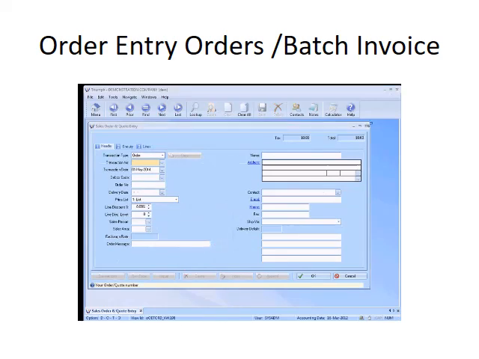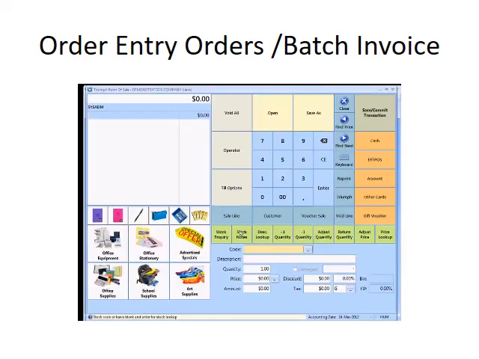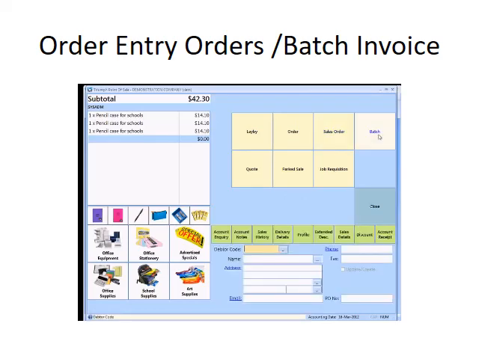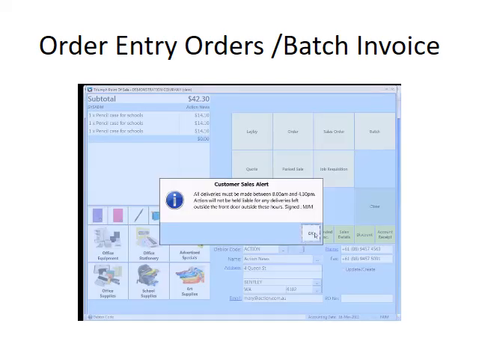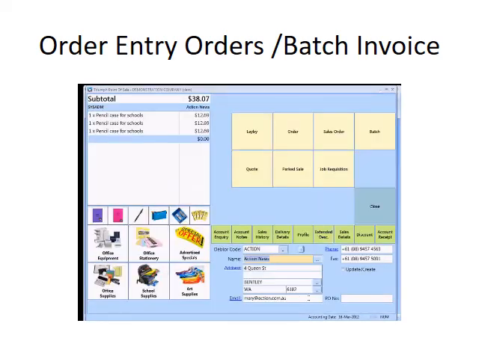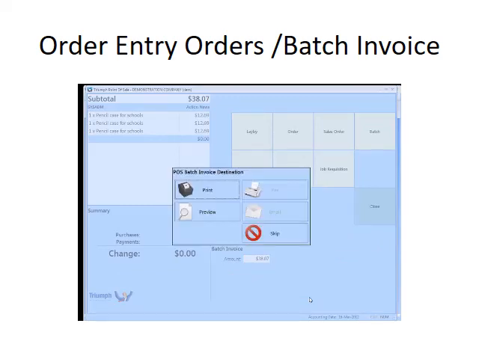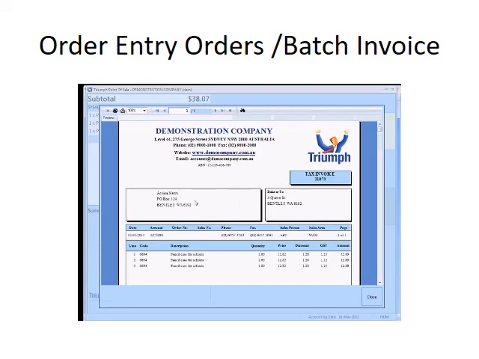So in the same vein as that, if we go back in here and do another transaction, the save as batch invoice, picking the customer again and filling in all the details about the customer's record, it allocates it through into the system as a batch invoice.